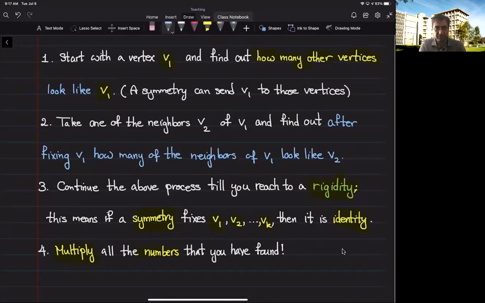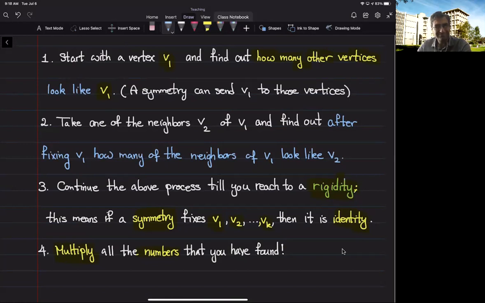Then we fix v1 and ask ourselves, after fixing v1, where can I send a neighbor of v1? And we continue like that till we reach a rigidity, meaning that if we fix v1, v2, ..., vk, then I'm fixing the entire graph. At that stage, it's enough to multiply all the possibilities that we had so far, and that would give us the number of symmetries of the entire graph.